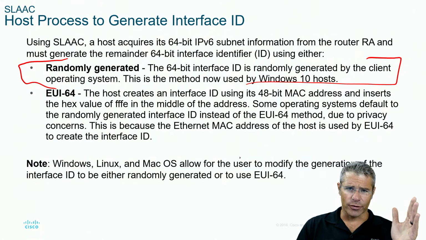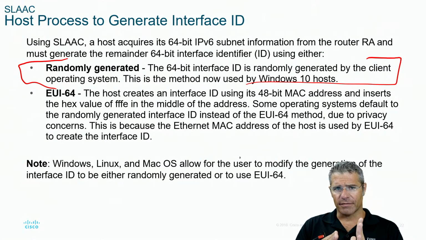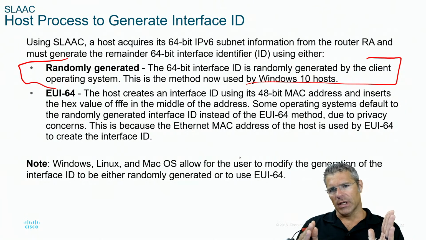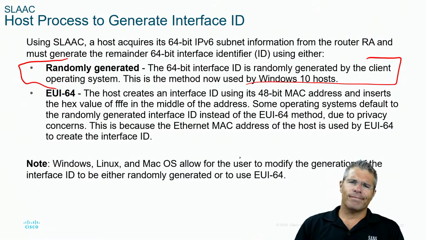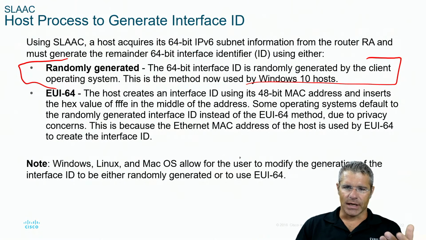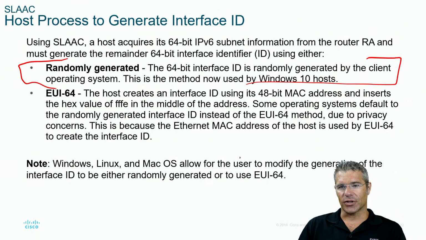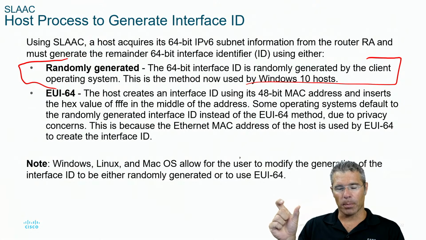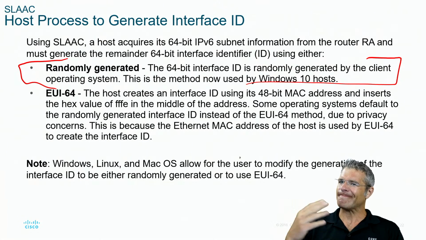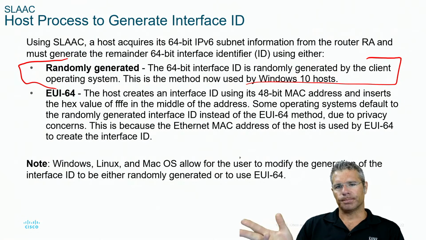So you take the first 24 bits over here, FFFE, the next 24 bits over there. That's not great for privacy concerns. Your MAC address has the manufacturer of the device and a unique value that is supposed to be unique to the device globally. So you're basically fingerprinting your phone with the IPv6 address. Let's not do that.